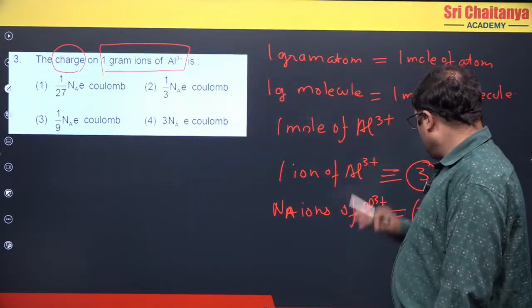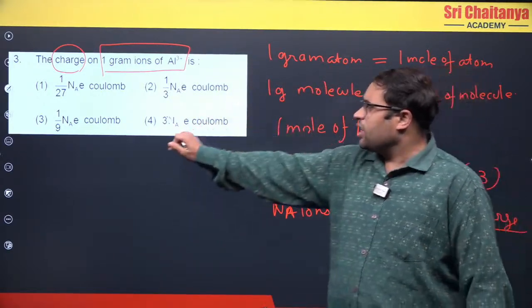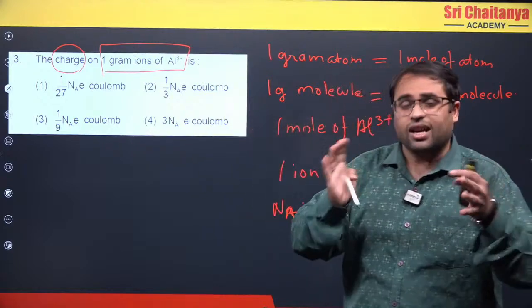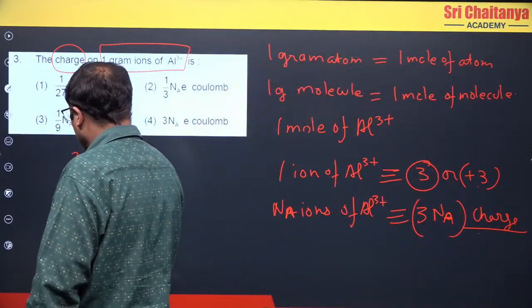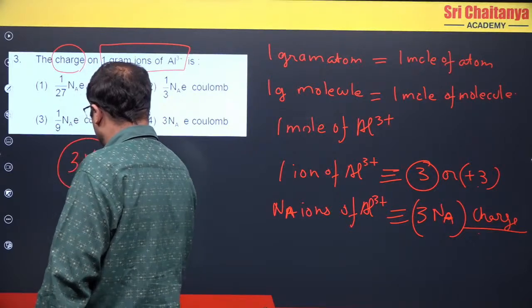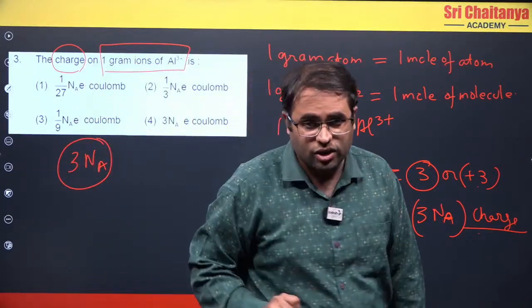Now, the option is given as 4, but they can confuse you about the charge. This 3 Na, as you will learn in the atomic structure chapter, is not actually the charge here.